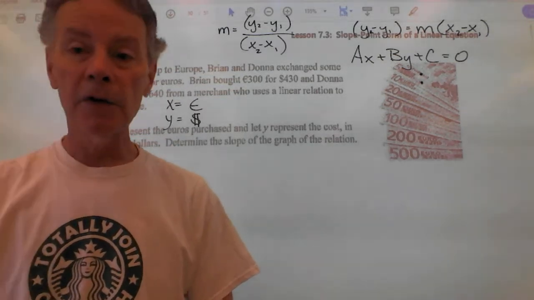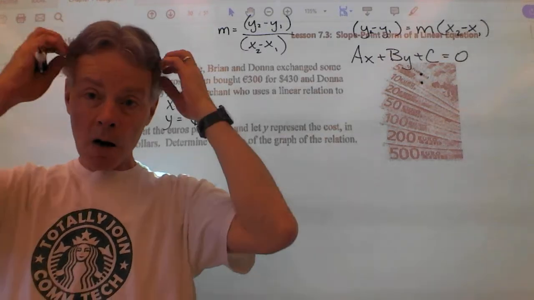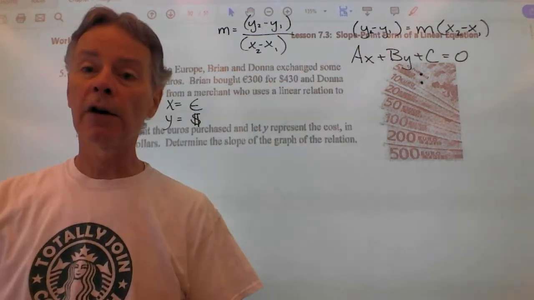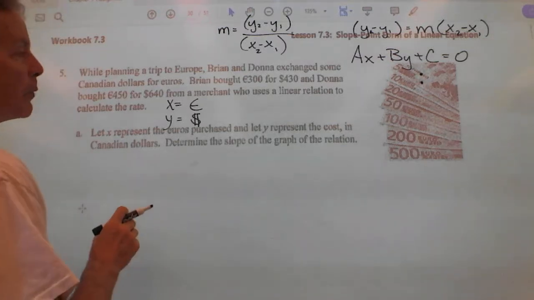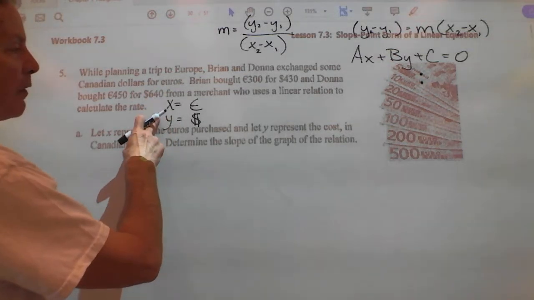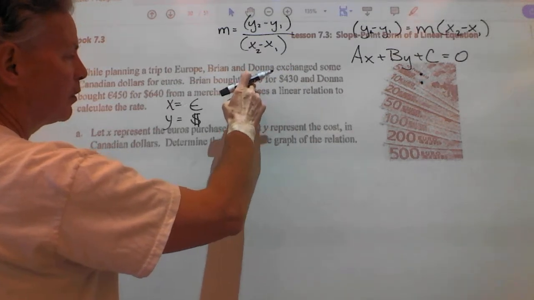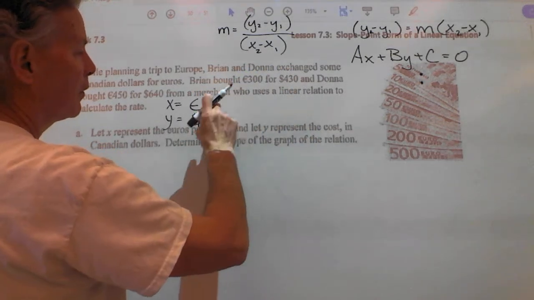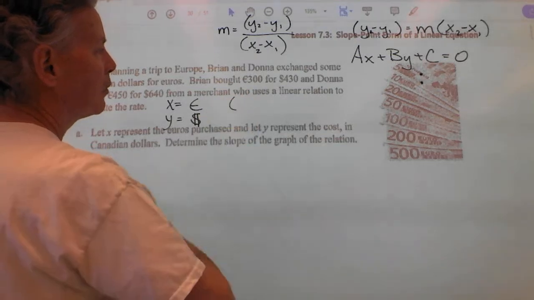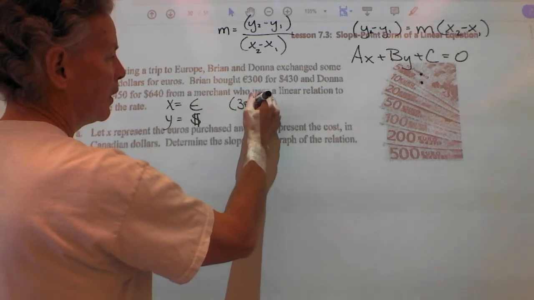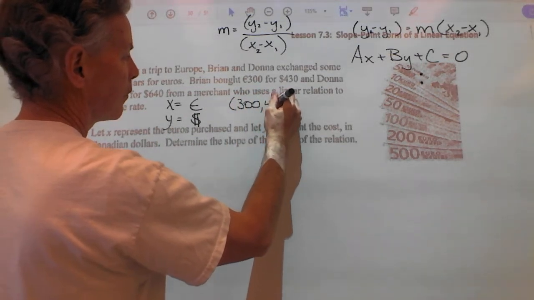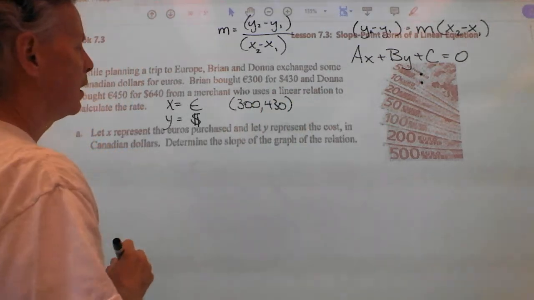Well, your first response to this might be, I don't know how to do that. Well, remember, we've got x and y values. In the first case, you have 300 euros, our x value, and $430, our y. So that gives you an ordered pair, 300 for the x, 430 for the y.